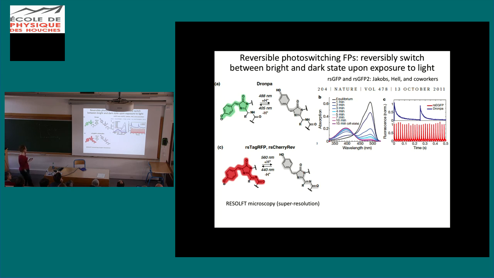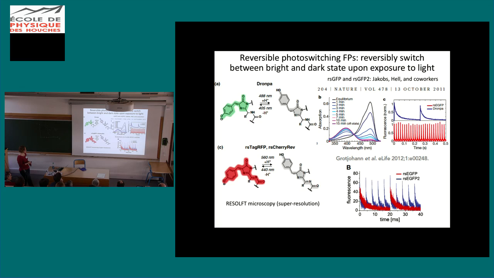And in this case, this is an absorption spectrum, and this is showing the switching of Dronpa and the switching of rsGFP2. So essentially what they tried to do is engineer a protein that would switch much faster, and you can see that in this comparison.